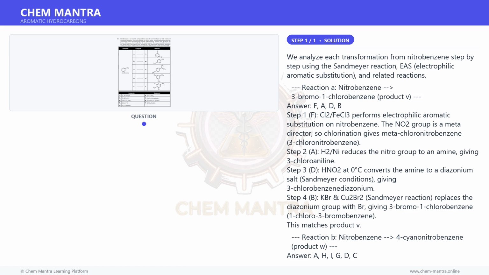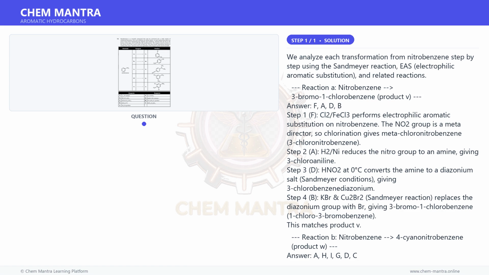But we need 3,5-dichloro-1-amino. Let me reconsider. For 3,5-dichloroaniline, NH2 at 1, Cl at 3 and 5. This means two Cl meta to the final NH2. Path F, I, A: Cl2/FeCl3 on nitrobenzene gives 3-chloronitrobenzene.